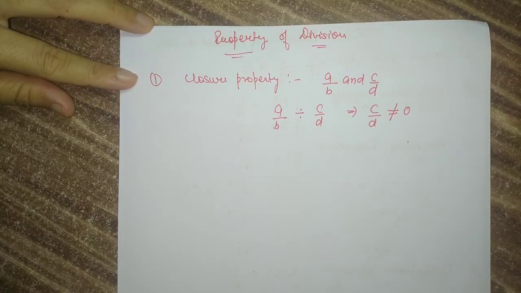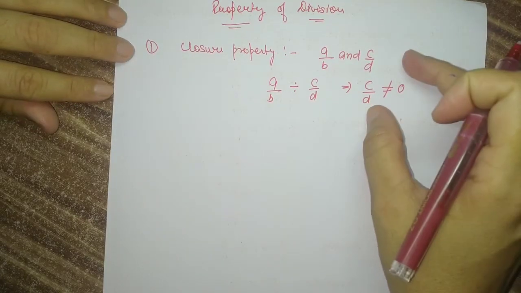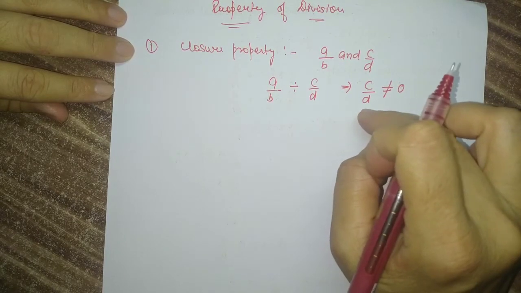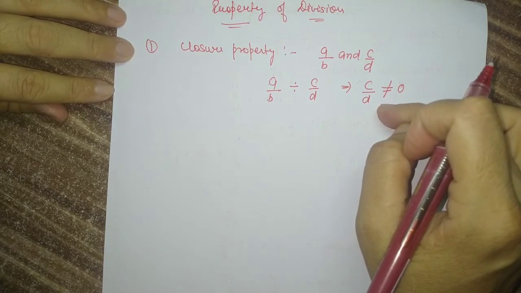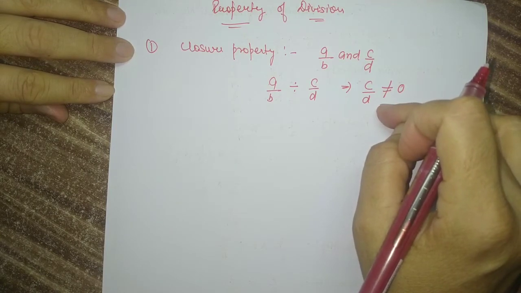That is our closure property. I repeat again, according to the closure property, if we divide two rational numbers, then the answer is also a rational number only.